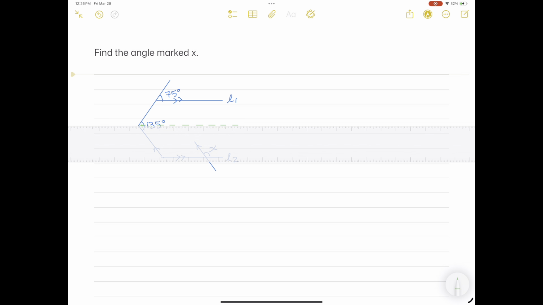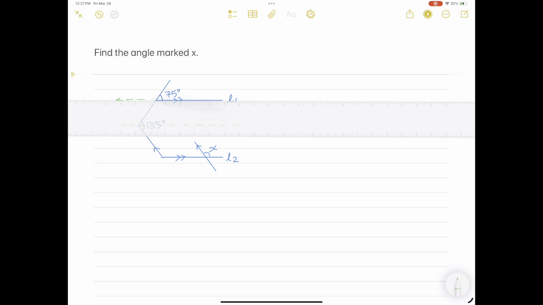But now I draw another line that is parallel to line 1 and line 2 in such a way that it cuts the vertex. I extend that line beyond the vertex and extend lines 1 and line 2 in the same direction.